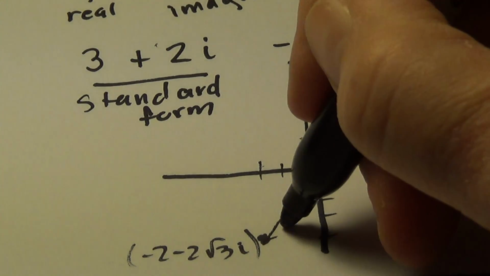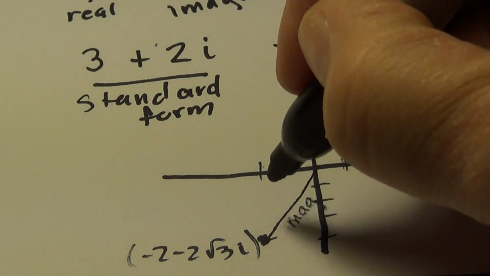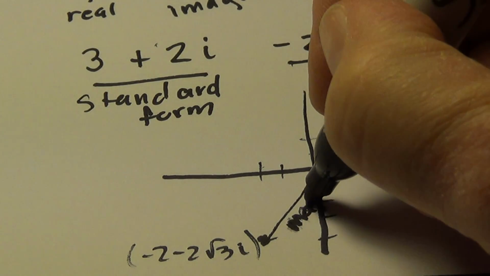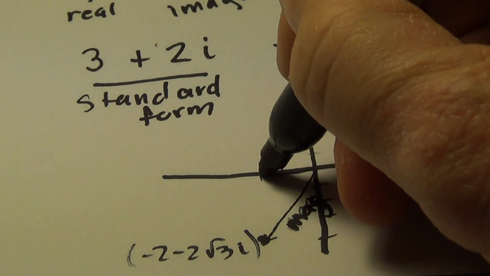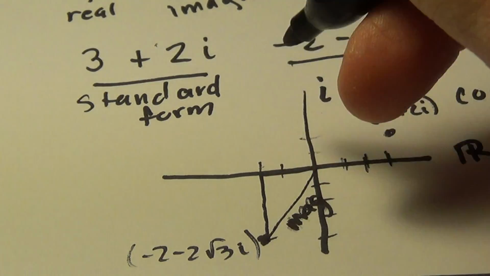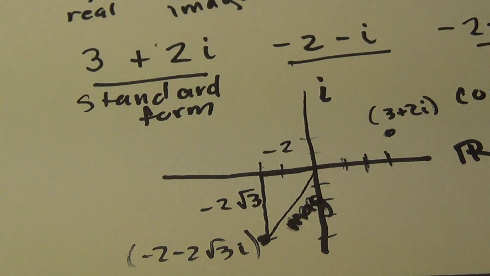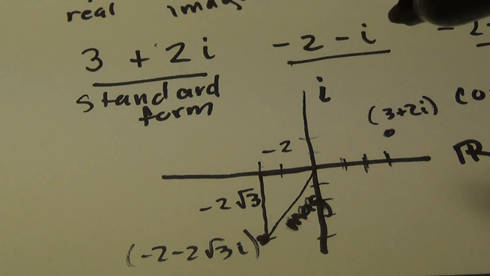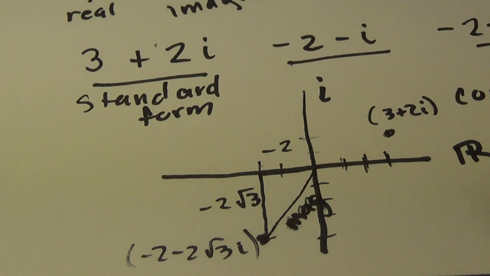That is the magnitude, and that's what we need for R. And I am going to make a triangle out of it. So I know from this name that I went back 2 and down 2 square roots of 3. So I'm going to Pythag that to come up with the magnitude.